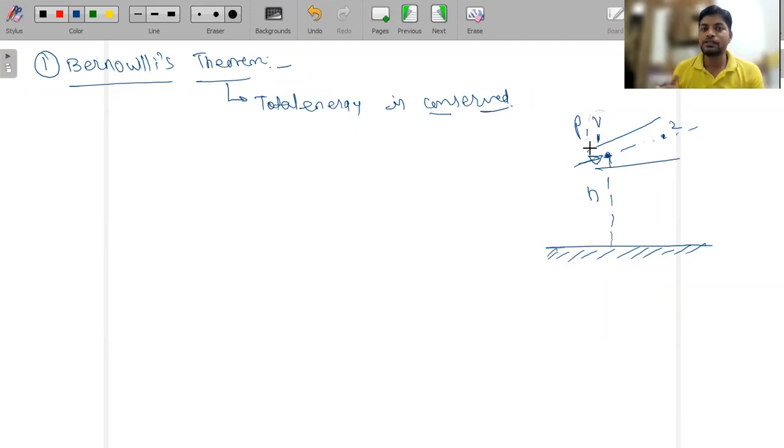So how many energies are affiliated with this? In terms of head, there are three heads, and the total energy summation is, sorry, let me write over here.